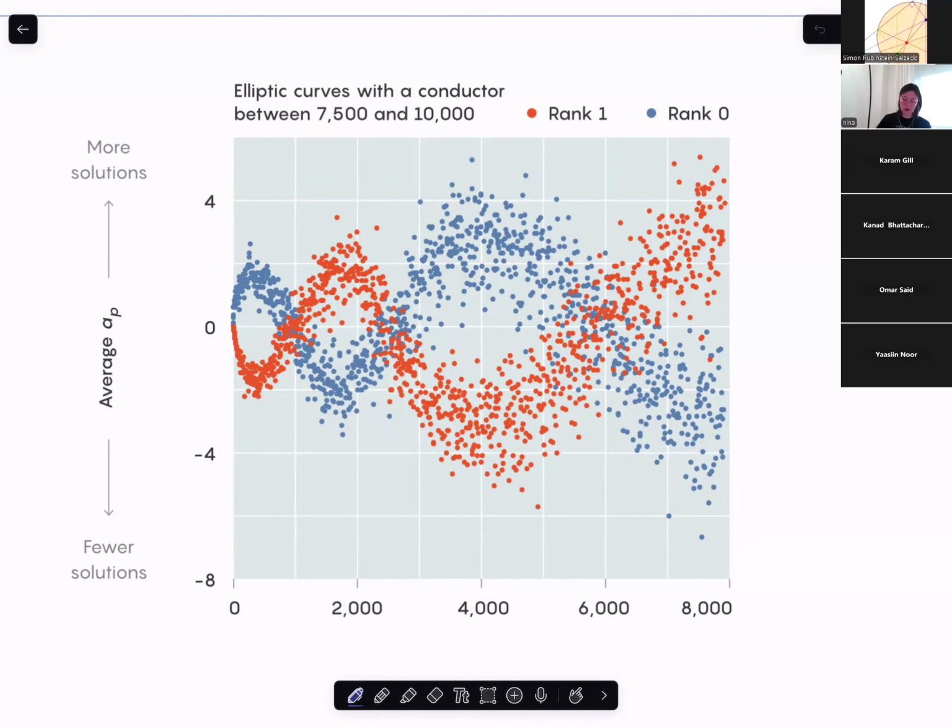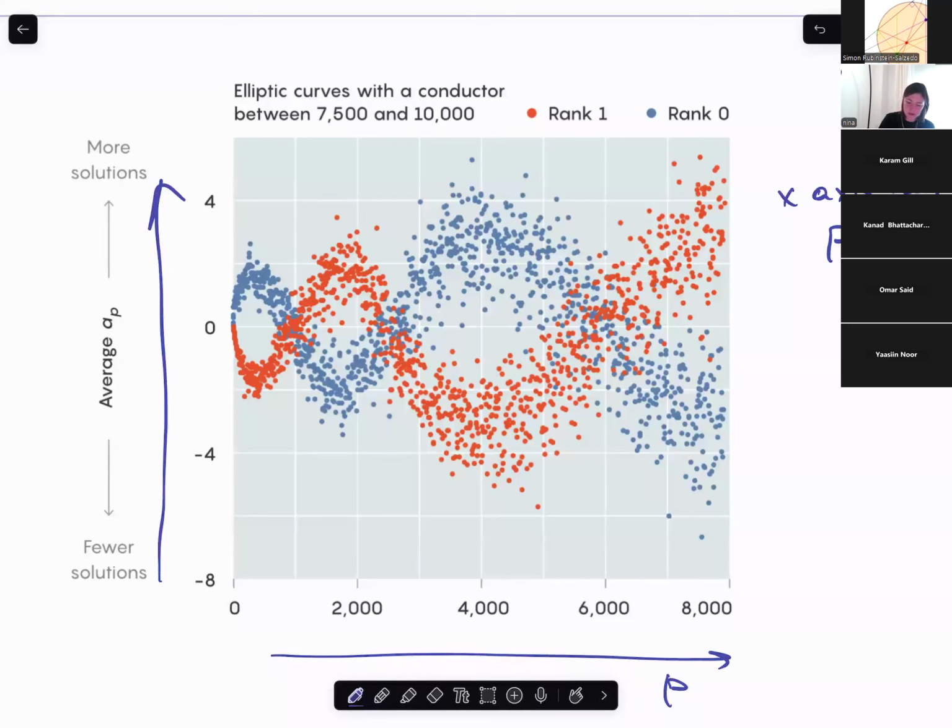So that's that number R that I mentioned. And this is a plot where the x-axis has P, the p-axis, and the y-axis is the AP-axis. But this is not for one individual elliptic curve. This is on average.